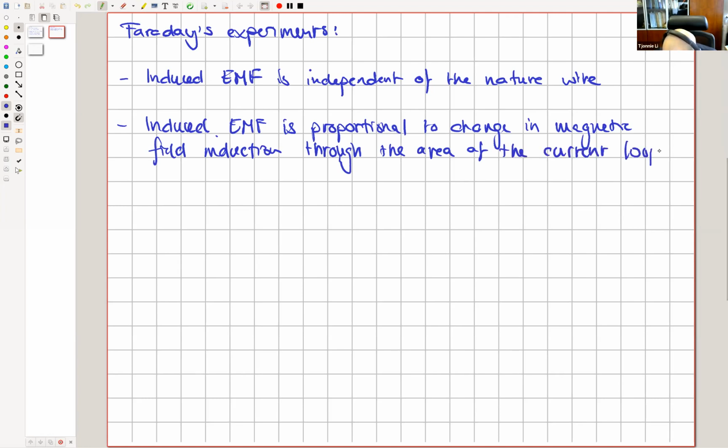Okay, and so what we're seeing here is so-called Faraday's law, or the beginning of Faraday's law.